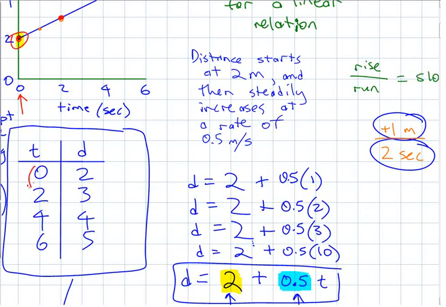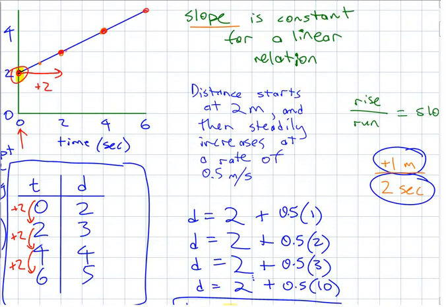If you look at the changes here, what do you notice about those changes? This is like you're adding 2 each time. Every time you add 2, that corresponds to this, going 2 over, plus 2, plus 2. Every time you jump from one point to the next, plus 2.